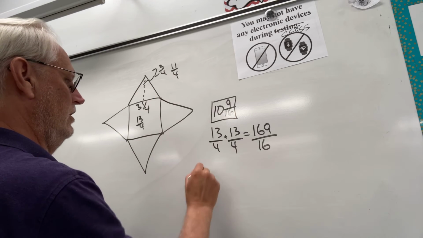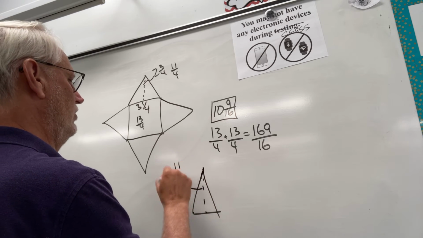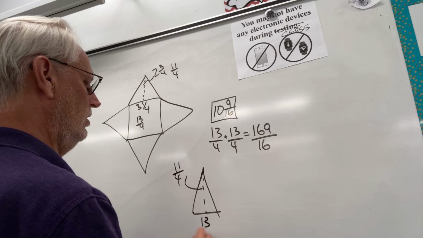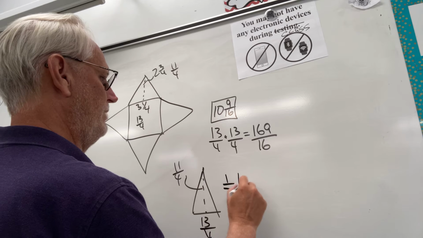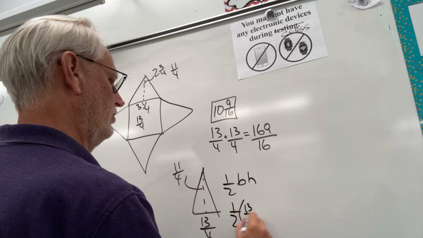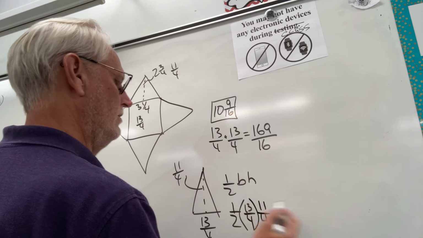I'll do that down here. This is 11 over 4 times 13 over 4. So then my formula is 1/2 base times height. So 1/2 times 13 over 4 times 11 over 4.